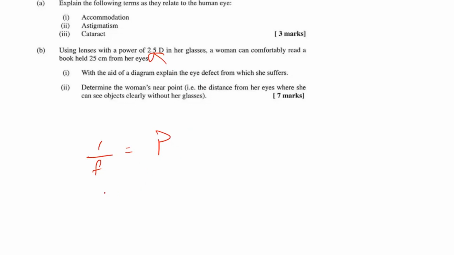Okay, so to be able to do this, let's work out the focal length. So f is equal to 1 upon p.